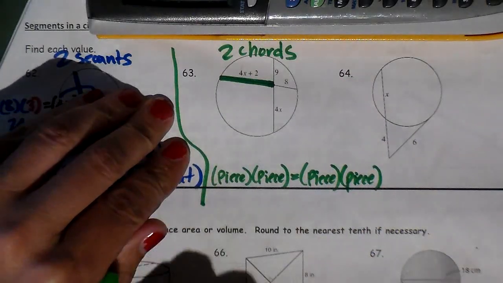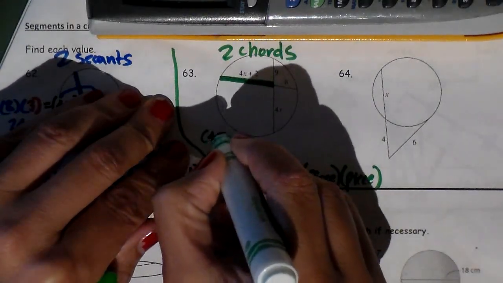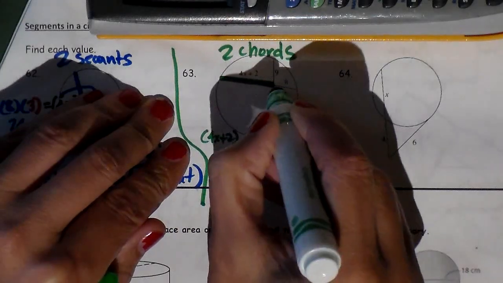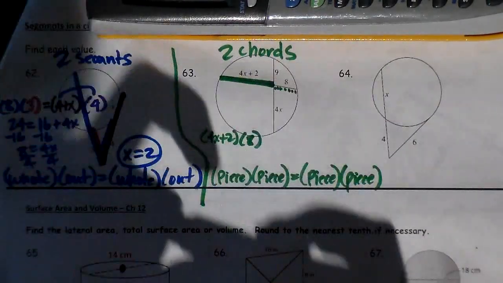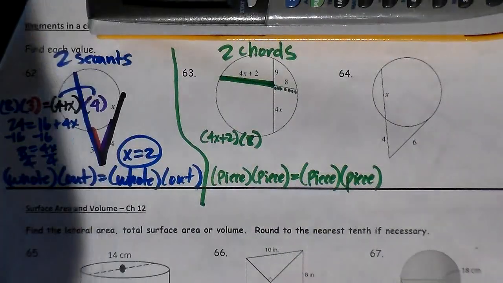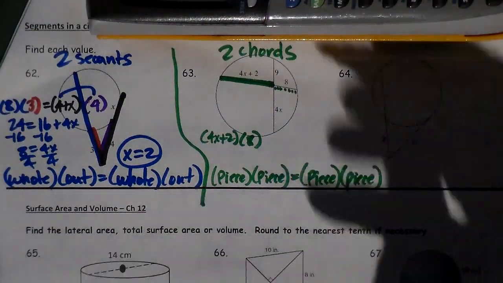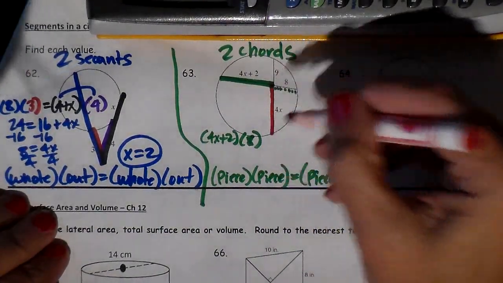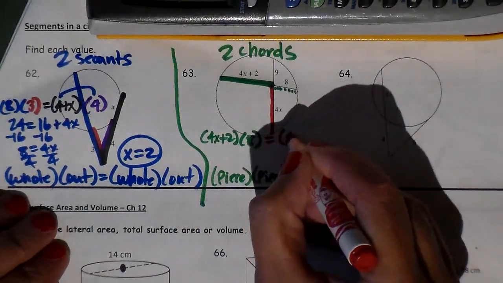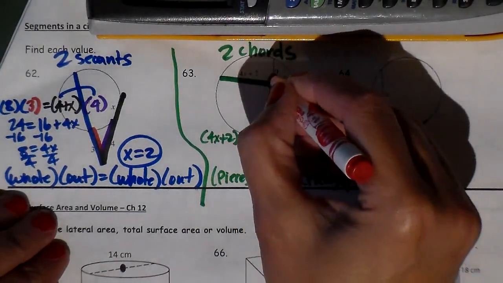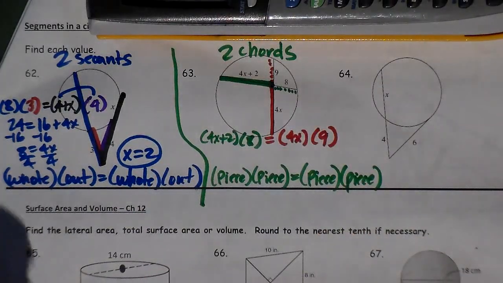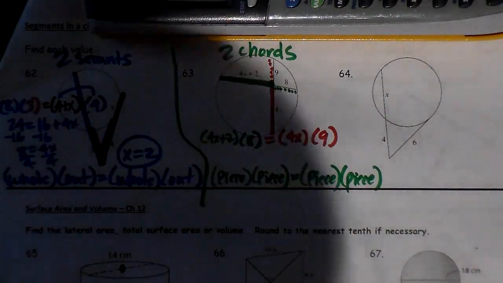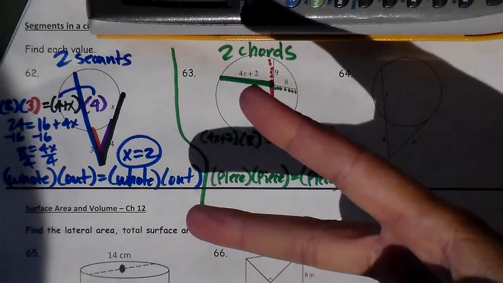What's the first piece? 4x plus 2. What's the second piece? 8. And let's look at the other chord. Let's do Christmas colors. What's this piece? 4x. And what's this piece? 9. Piece times piece equals piece times piece.